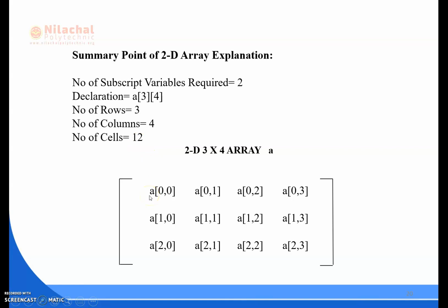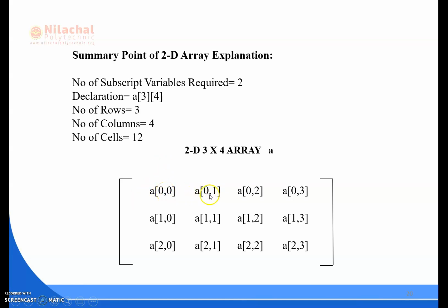So how is it represented in matrix form? Here we can see it is nothing but a combination of rows and columns. We have 3 rows and 4 columns here. The first element is represented as the first row and first column, or we can say zeroth row and zeroth column.